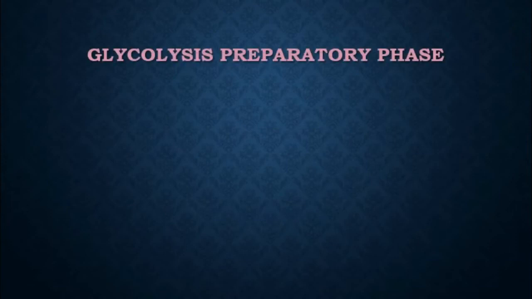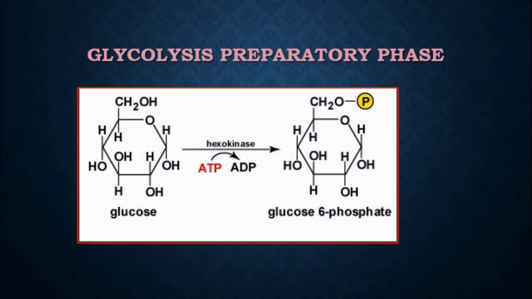Let us learn glycolysis in detail now. The first step in glycolysis is the preparatory phase, where ATP will be consumed. You can see the cyclic structure of glucose here. The first step is the conversion of this glucose into glucose 6-phosphate.